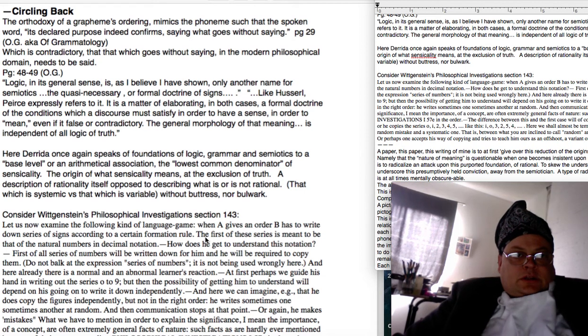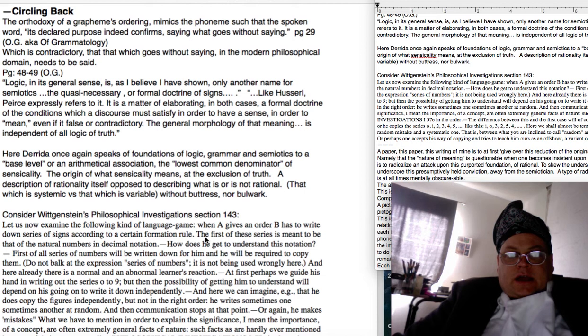Quote, "Logic, in its general sense, is, as I believe I have shown, only another name for semiotics, the quasi-necessary, or formal doctrine of signs." End quote. Quote, like Husserl, Peirce expressly refers to it.